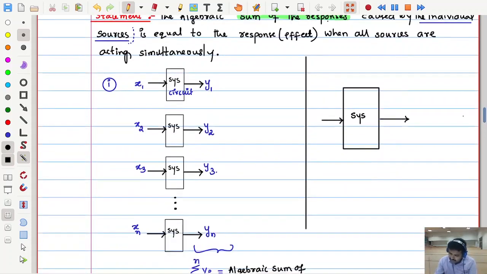Now let me take again the same system. This same system means the same circuit. Now I will give some input.